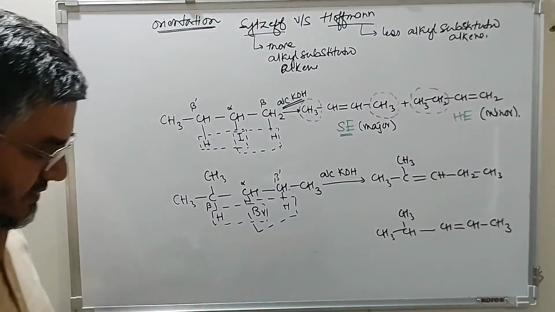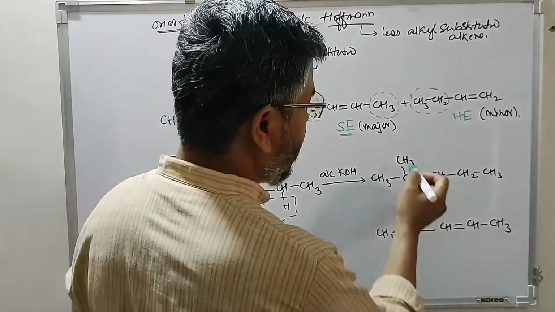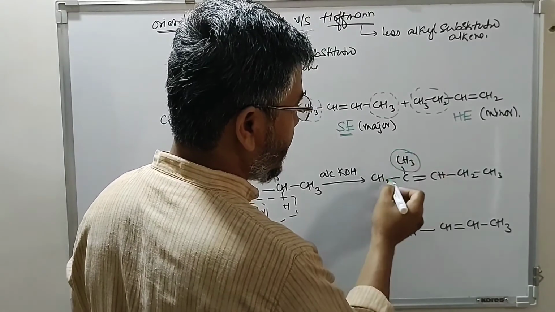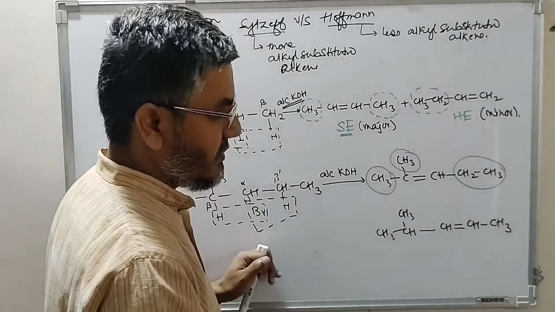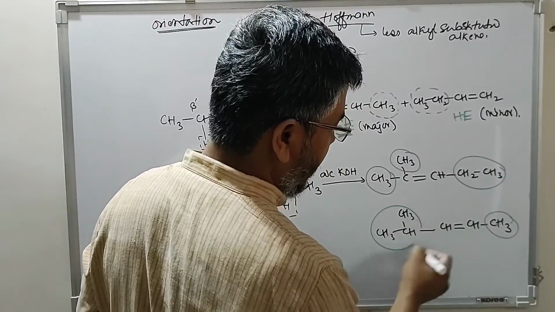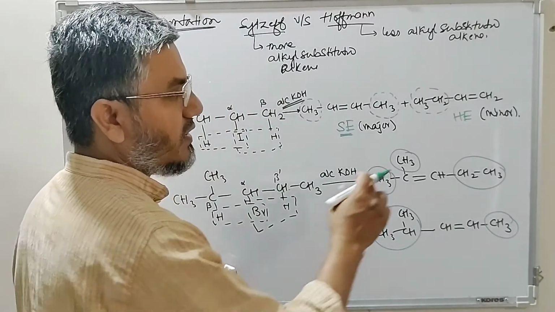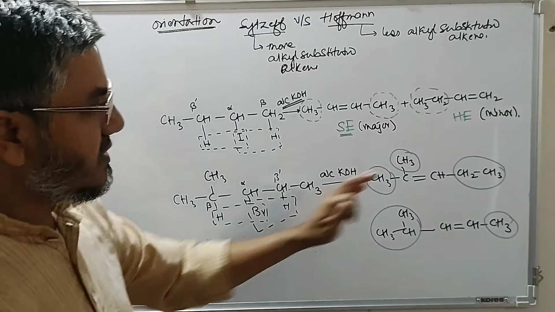Which one is the Saytzeff product, which one is the Hofmann product? Take the first product: we have first alkyl substitution, second alkyl substitution, third alkyl substitution. In the second product, we have one alkyl substitution, two alkyl substitutions. The one having more alkyl substitution will form as the major product.